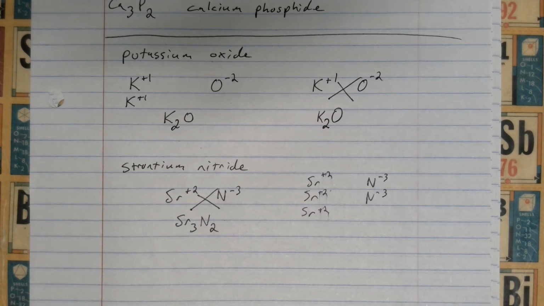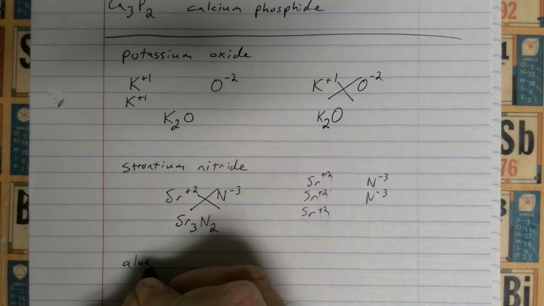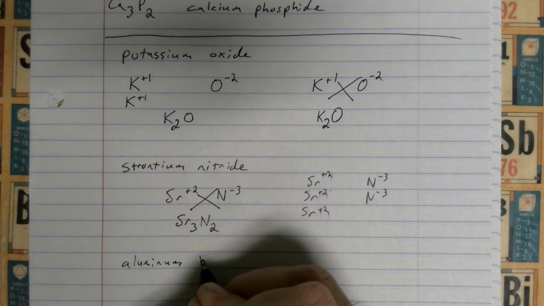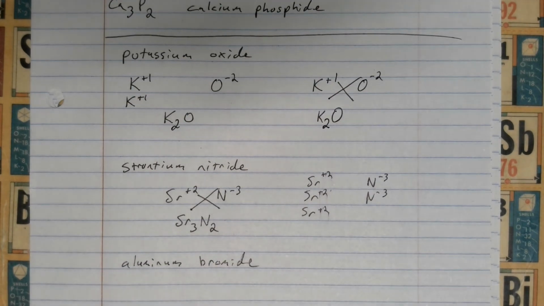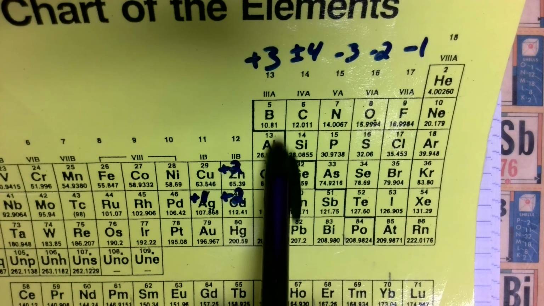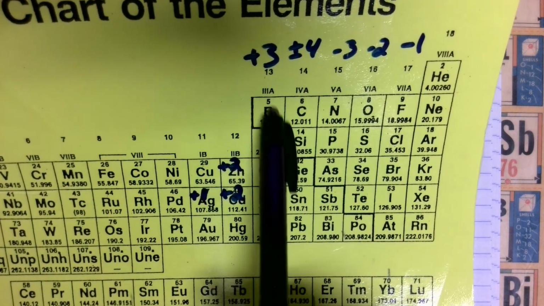We'll do aluminum bromide. Aluminum is right here. It's in the plus 3 column, group 13. So aluminum is plus 3.